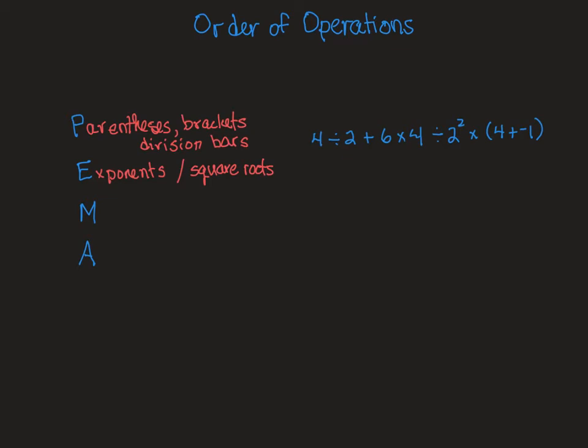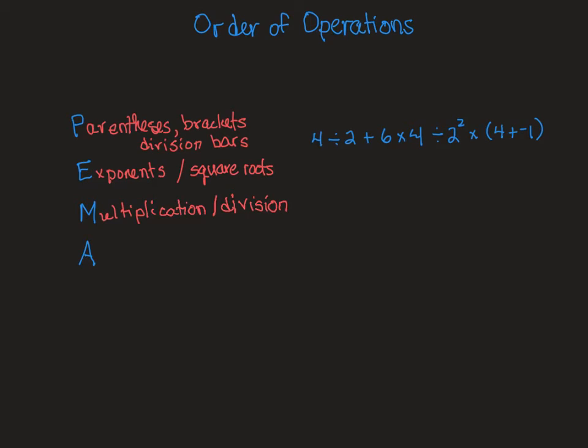The third level is multiplication and division, however it comes, from left to right. And remember, we talked at the beginning of the year, multiplication and division are inverse operations.